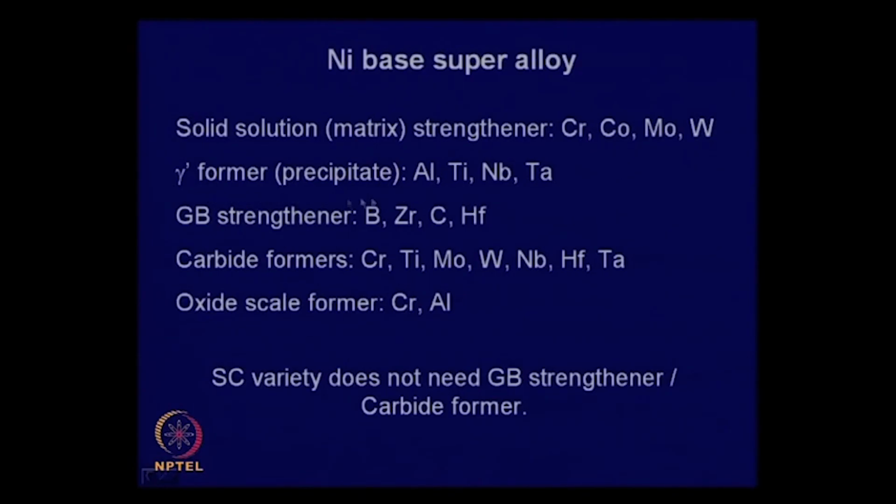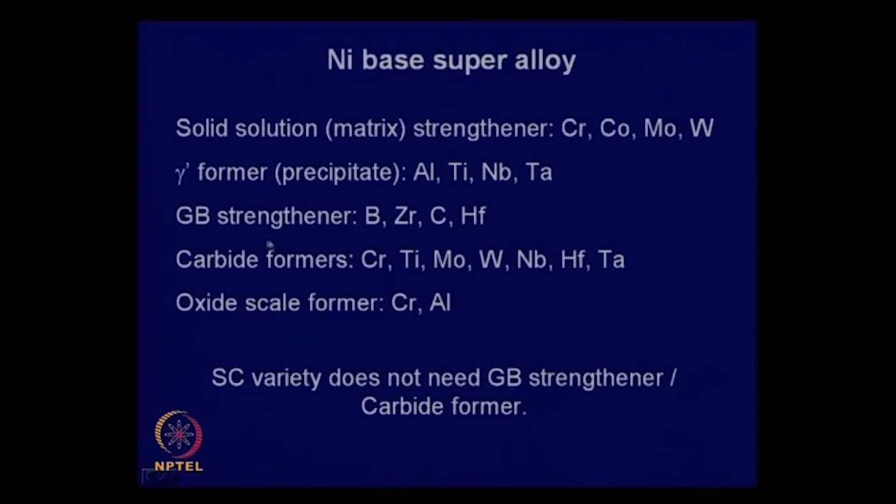Some of these modern turbine blades have 70% gamma prime. These are the hard phase gamma prime formers, and these gamma prime precipitates are primarily Ni3Al or Ni3Ti, or niobium and tantalum also form a similar type of precipitates, and they are coherent precipitates.